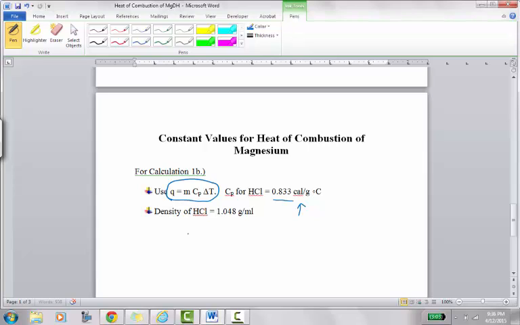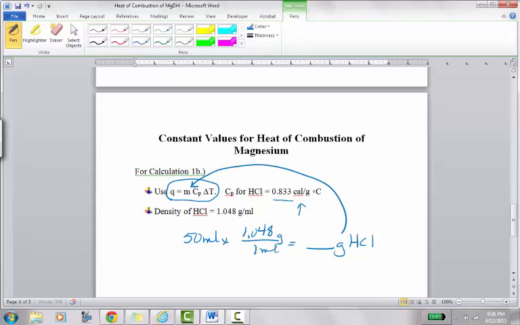If you used 50 milliliters of hydrochloric acid, and the density of HCl is 1.048 grams per milliliter, then you're going to need to multiply by that many grams per milliliter. So your answer in grams of HCl will be slightly higher than 50. That is what you need to put into your equation.